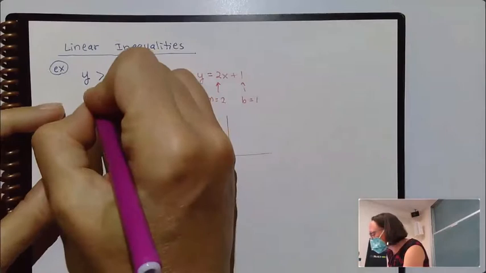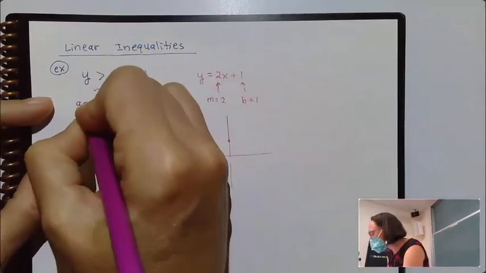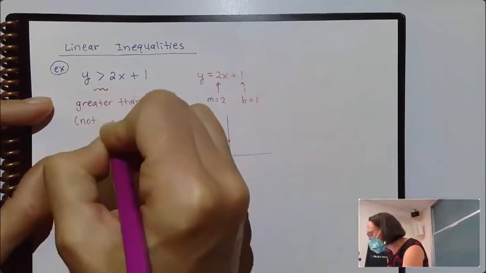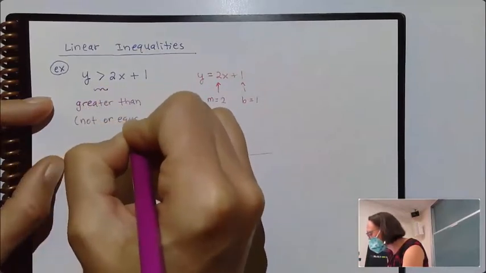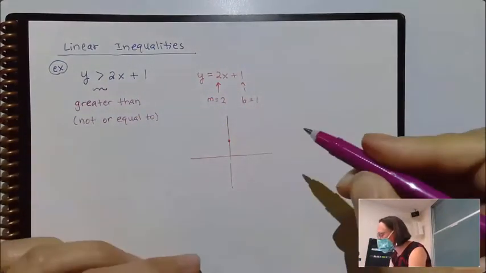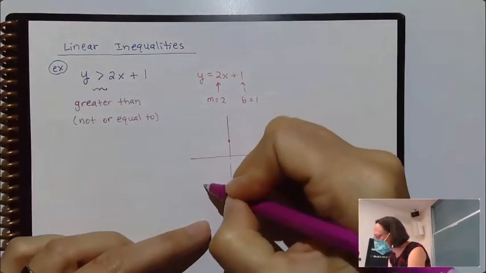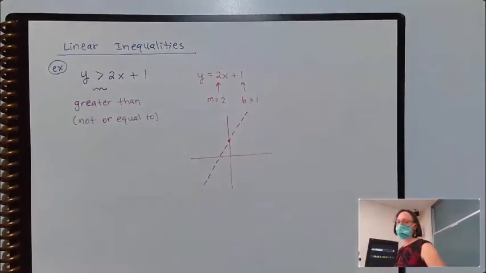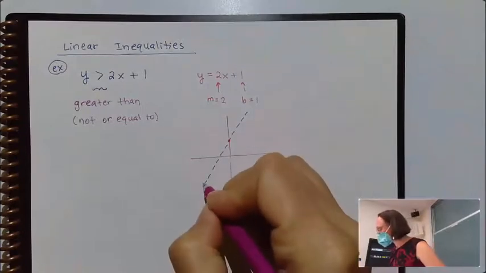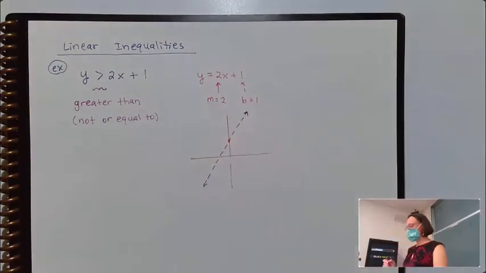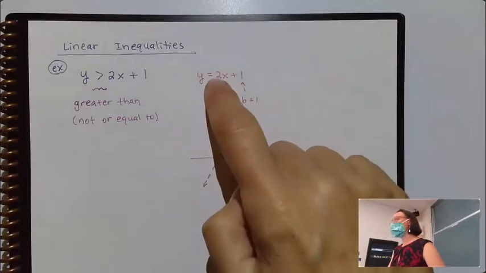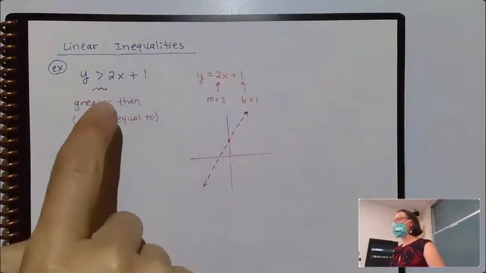Because this is a greater than, but not or equal to, when we sketch the line, we're actually going to sketch it as a dashed line, not a solid line. Because we don't want to include the specific combinations of x and y that would make this equal, because it's not true over here.